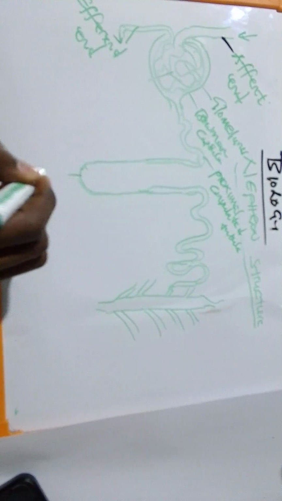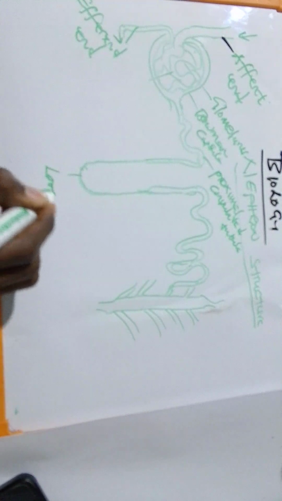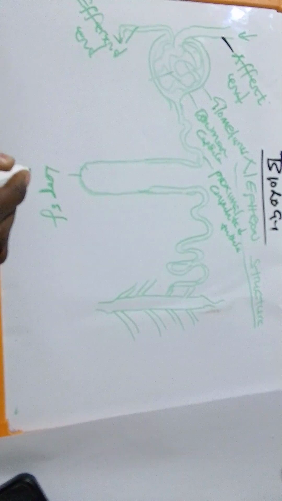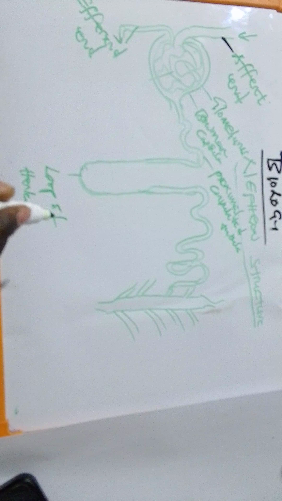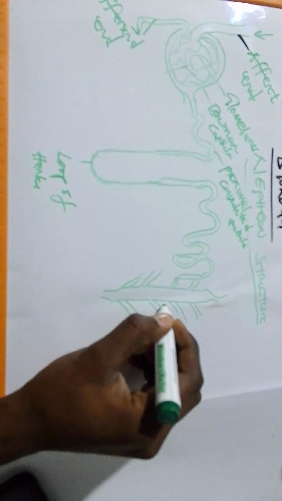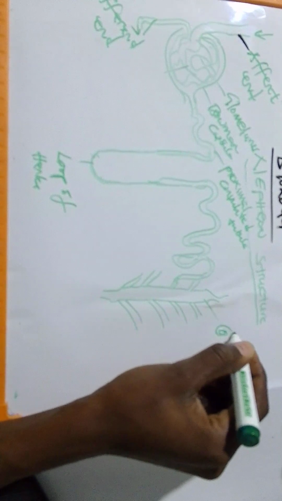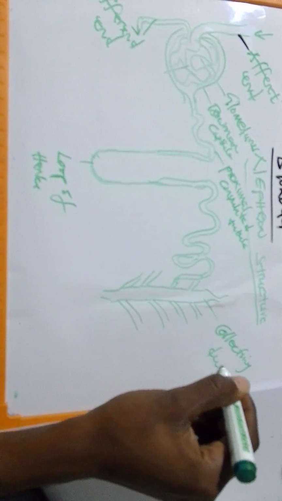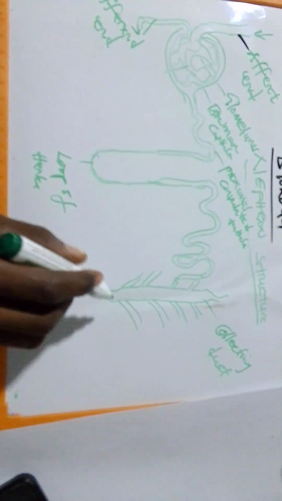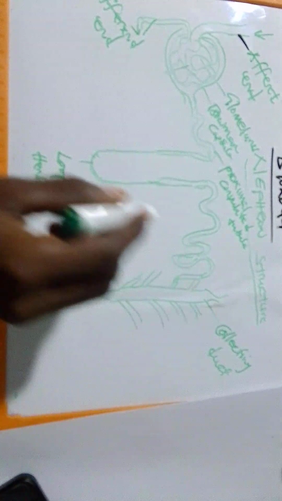Then here we have the loop of Henle. From here we have the collecting duct. It has many terminals where other nephrons can attach.